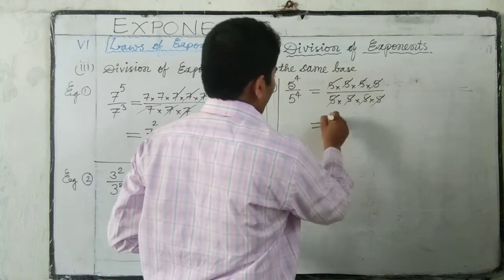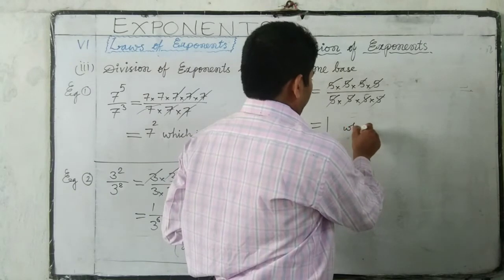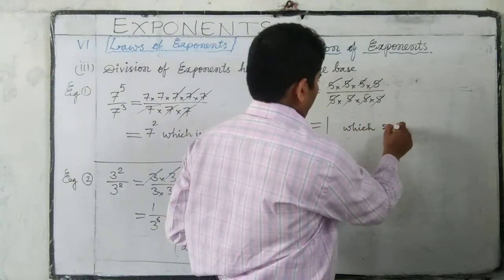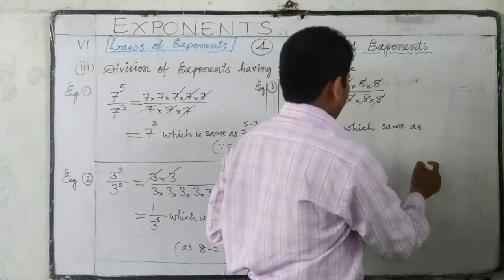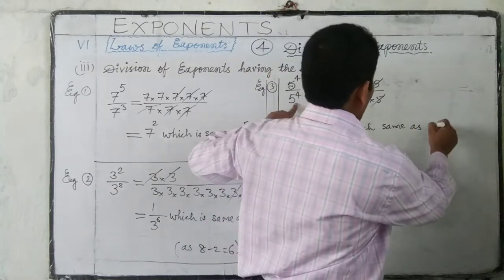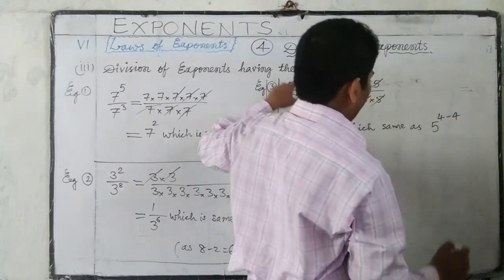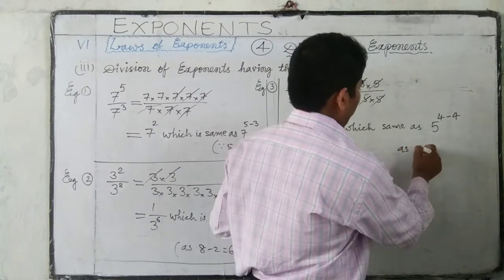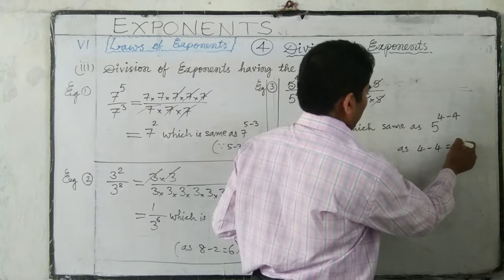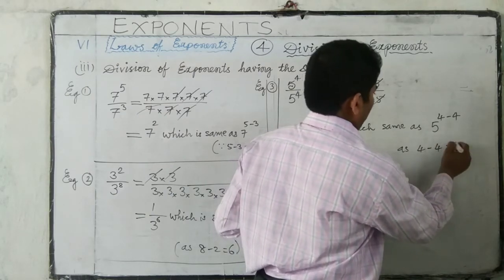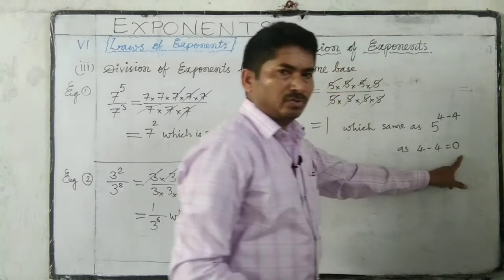So this is equal to 1, which is the same as 5 to the power of 4 minus 4. 4 minus 4 is equal to 0.